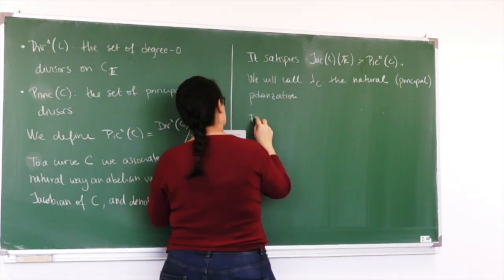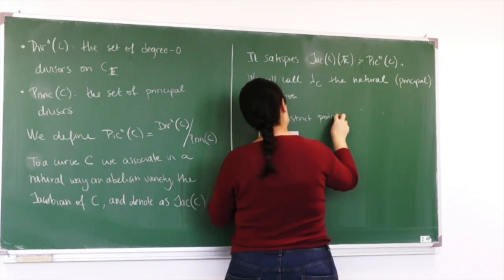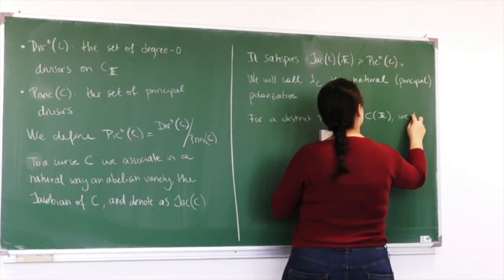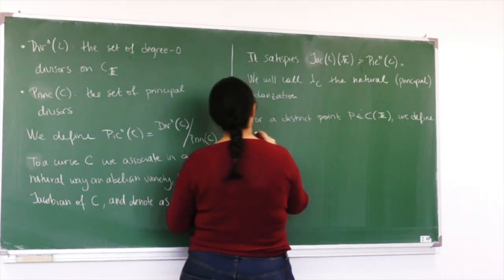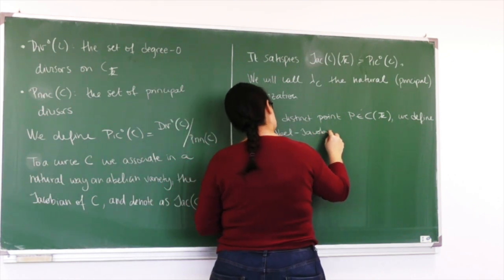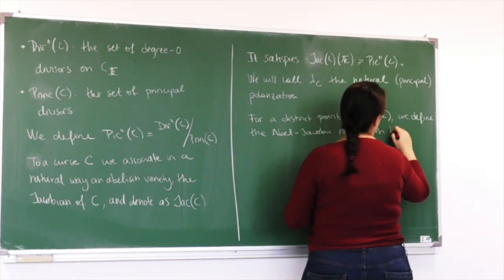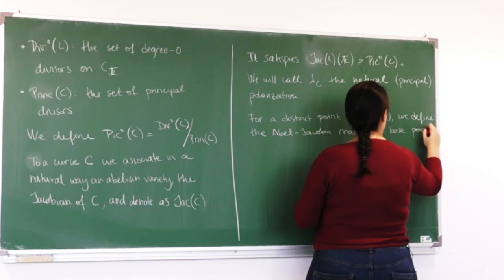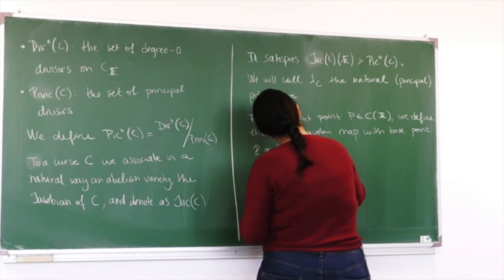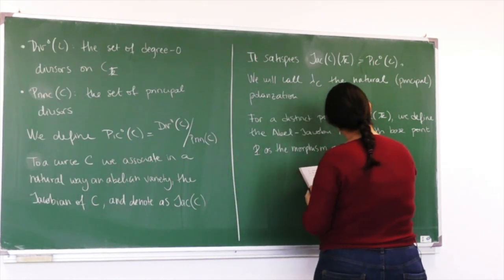We have that for a distinguished point P in C over the algebraic closure, we define the Abel-Jacobi map with base point P as the morphism over K bar that is given as follows.